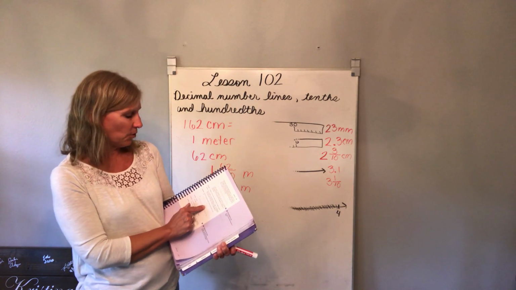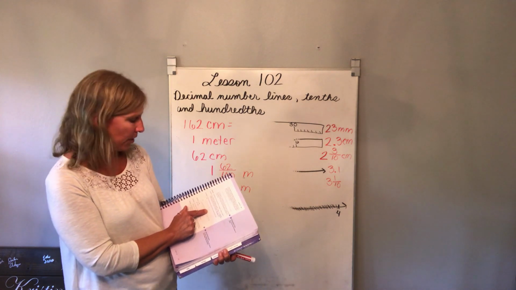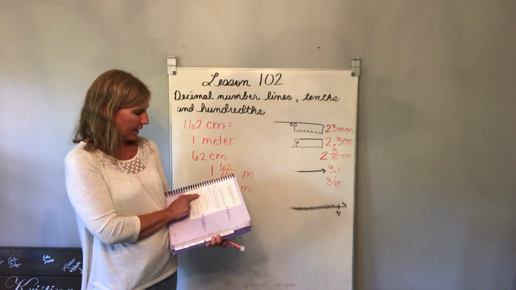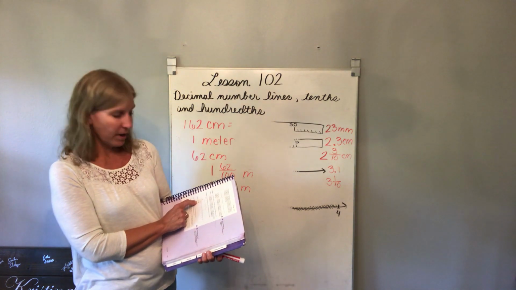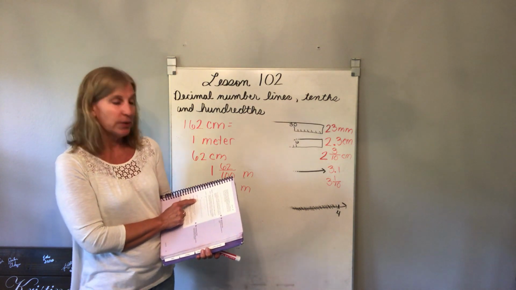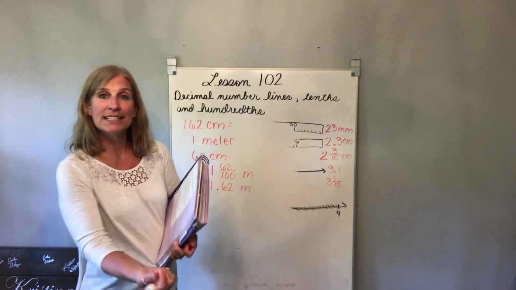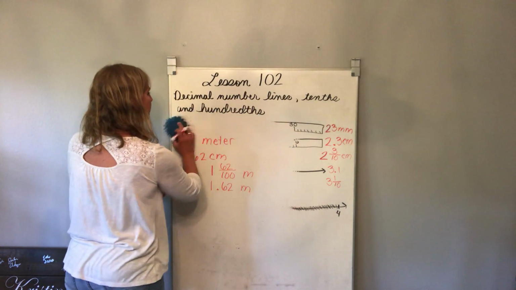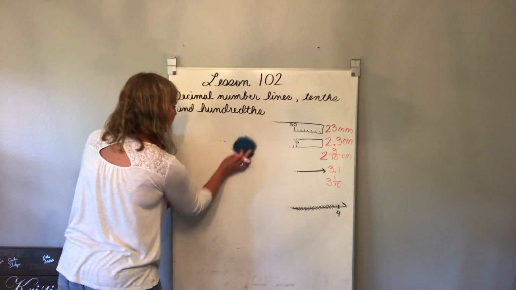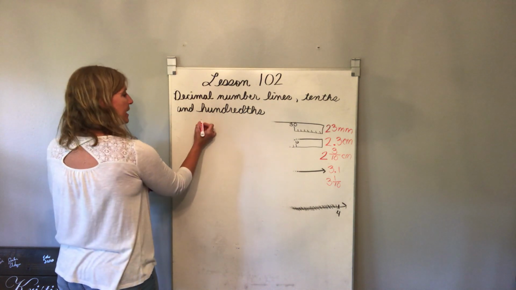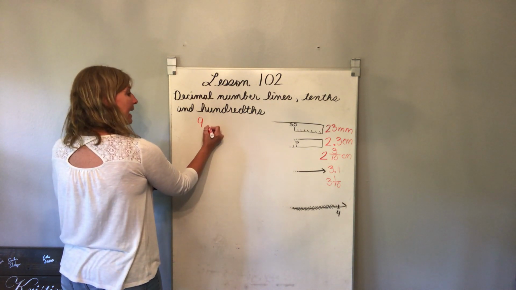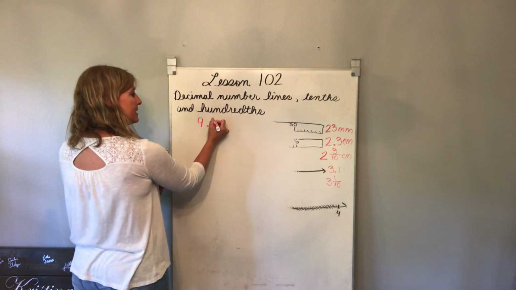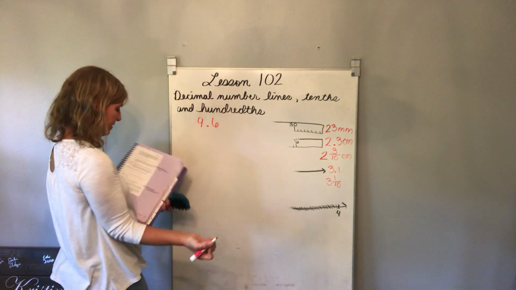It's divided into 10 equal parts. To what tenth is that arrow pointing? It is pointing to the 6th one. So your answer is 9 and 6 tenths. To write that as a decimal, we would write 9.6.